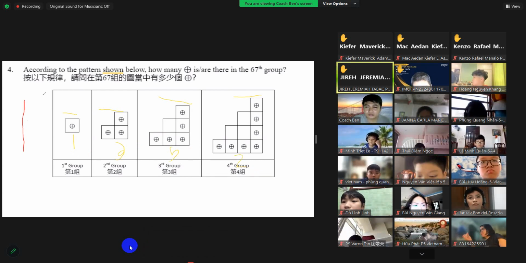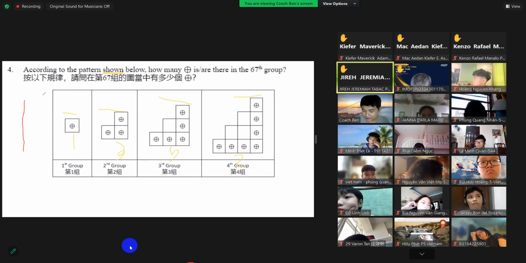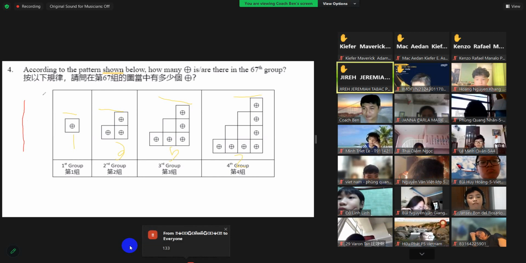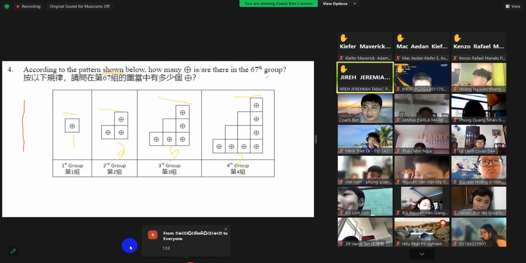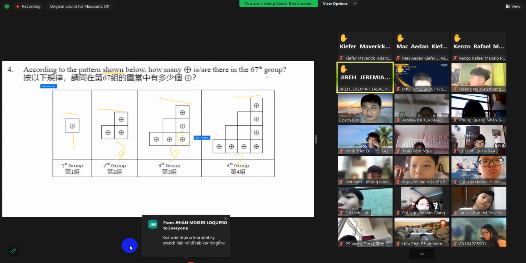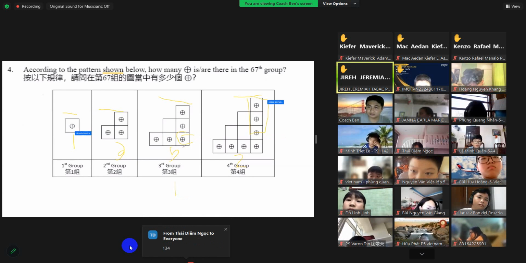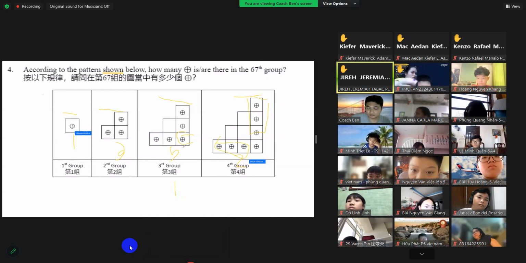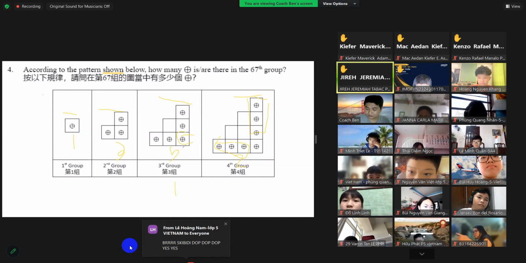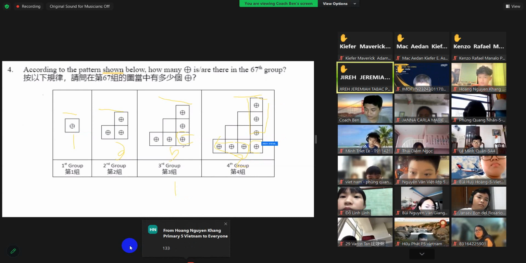So what you can see is like, here, one symbol, so that's one, and then the number of symbols here and here are the same, so this one is basically the one of the symbols in the 67th group.